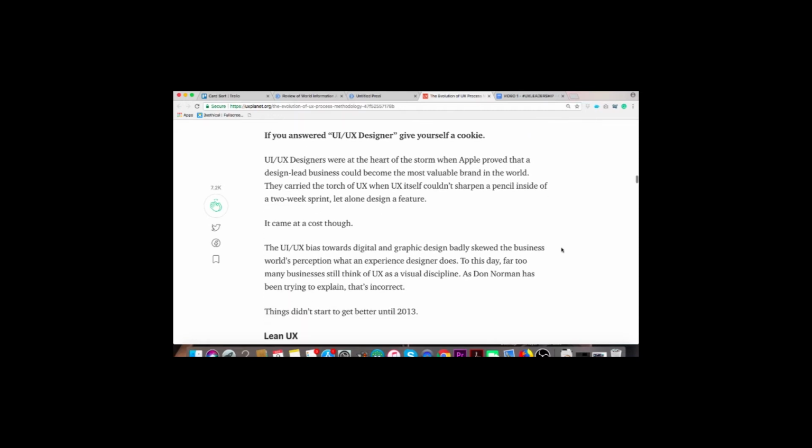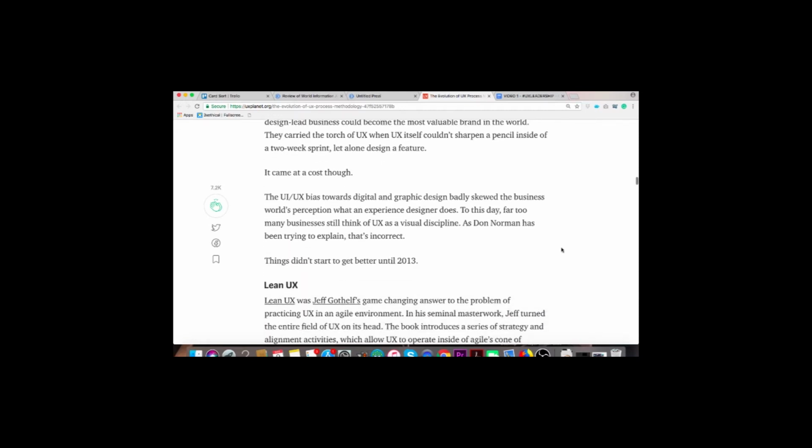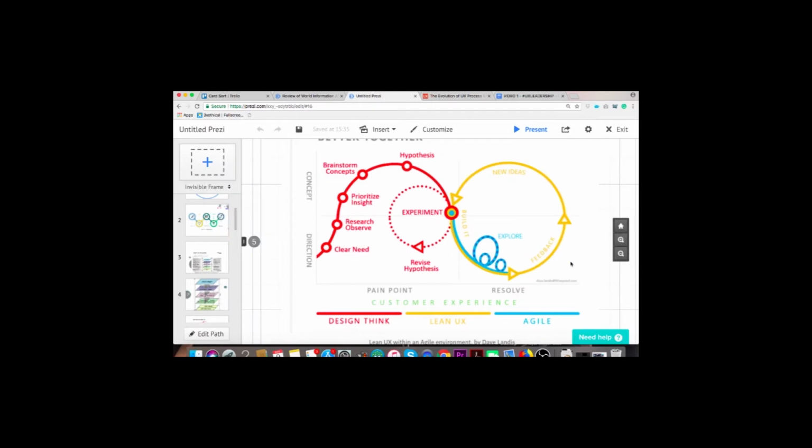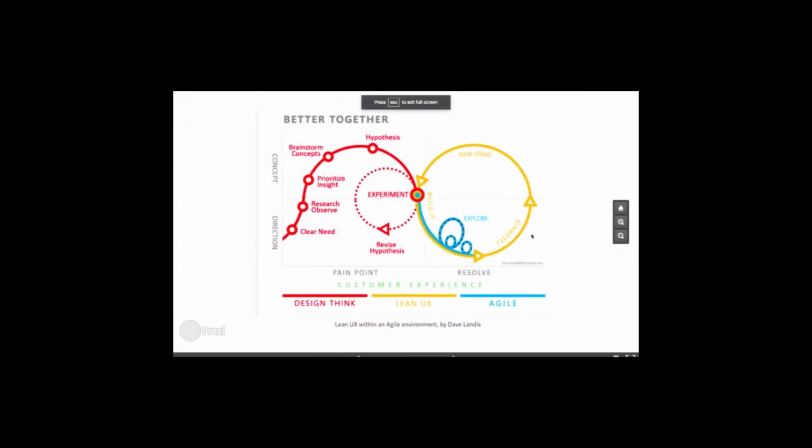But as a result, there is a bias towards digital and graphic design, which has badly skewed business world's perception of what an experience designer does. So to this day, far too many businesses still think of UX as a visual discipline. So that was and remains very problematic.